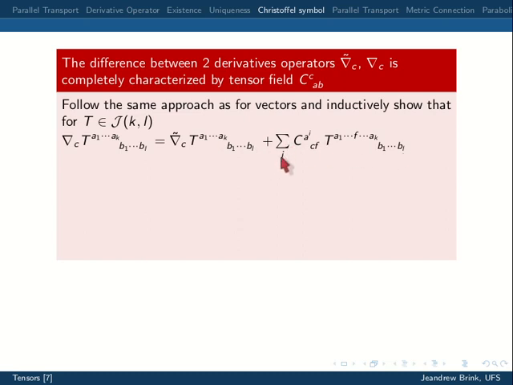And so the rule is, you add for every single index in this upper tensor, for example, you pick one, say A_i, you replace it with F, then you add C with F below, and the index you replaced, you put C_i at the top there.